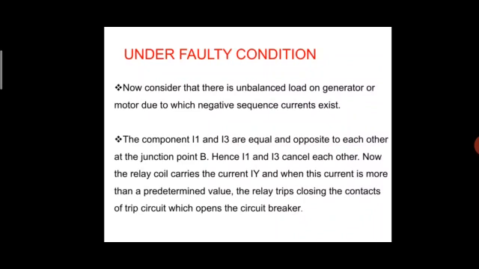Now the relay coil carries the current IY, and when this current is more than a predetermined value, the relay trips, closing the contacts of the trip circuit, which opens the circuit breaker.